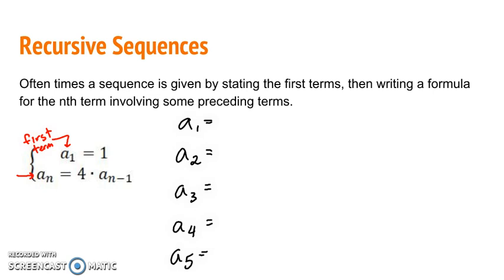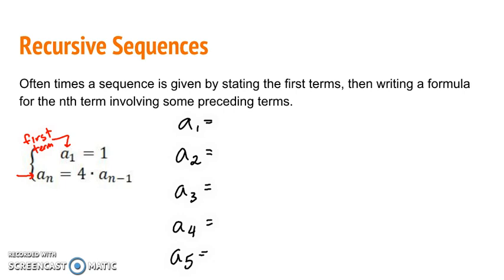The question will specifically ask for the first 5 terms. A sub 1 is my first term, a sub 2 the second term, a sub 3 the third term, a sub 4 the fourth term, a sub 5 the fifth term.